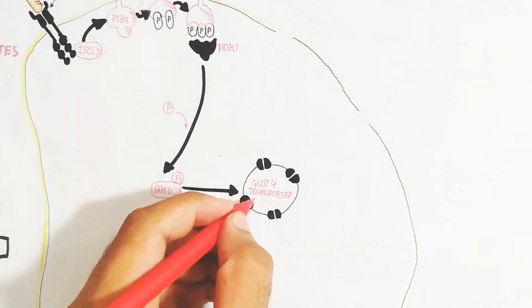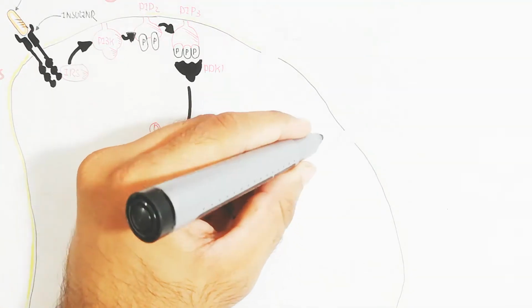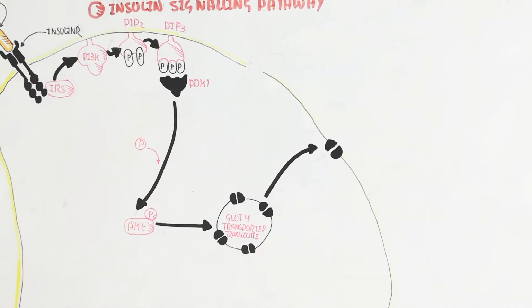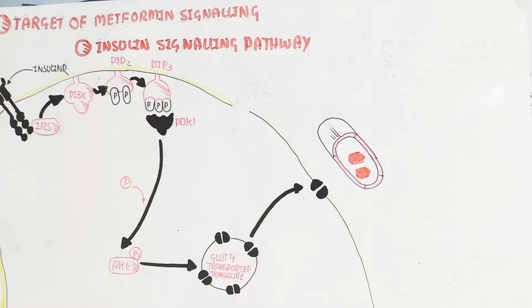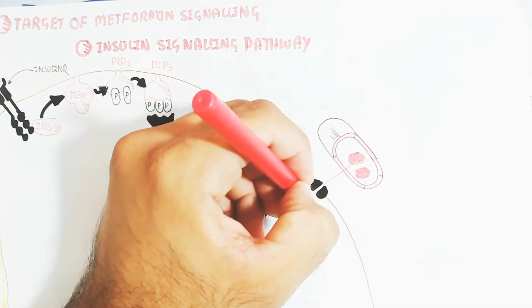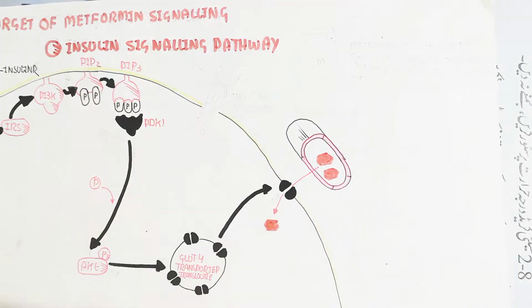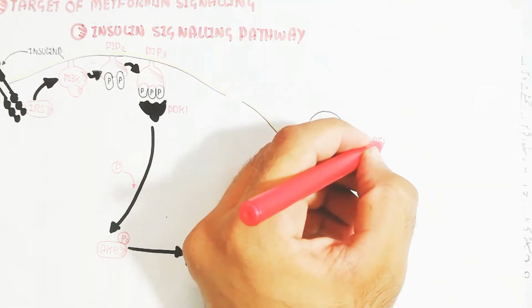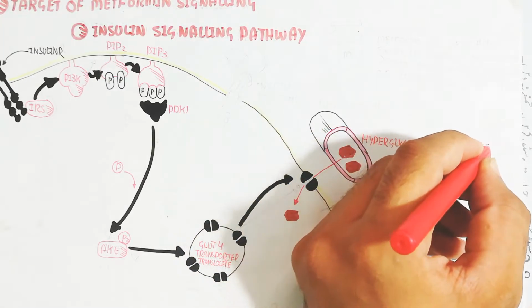After binding with the plasma membrane of the cell, facilitated diffusion of glucose will occur. This facilitated diffusion, due to the increased glucose in the blood circulatory system, will lead to influx into the cell, and in this way hyperglycemia will ultimately become hypoglycemia. So that is the normal mechanism.